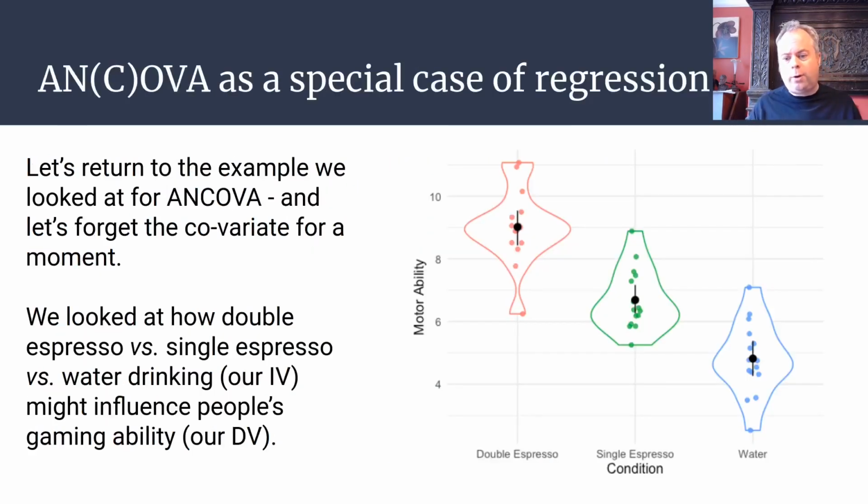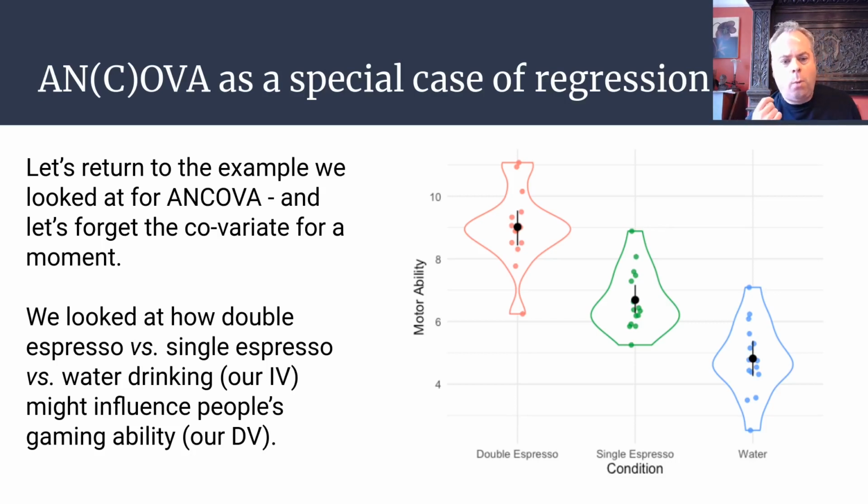So we're going to move on now to ANOVA as a special case of regression, where I will hopefully convince you that everything we've been looking at in the context of regression, ANOVA and ANCOVA is actually the same thing. Okay? So let's go back to our ANCOVA, but again, let's ignore the covariate initially.